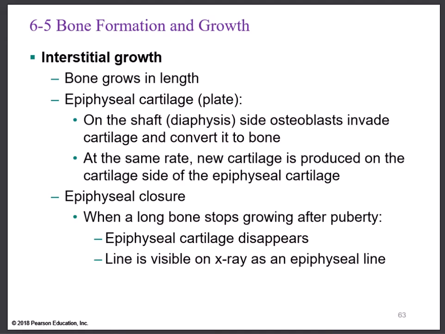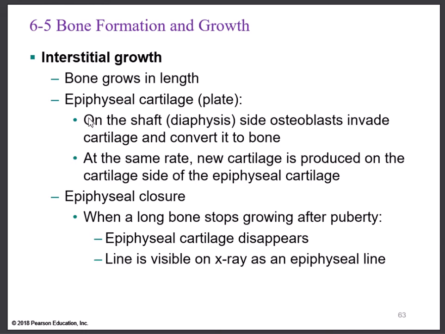So we did this already in the steps, but just to formalize it, interstitial growth. What I want you to know is this is the bone growth in length. This is what makes us get taller. This is what makes our arms grow longer. The activity, like we said before, is occurring at the epiphyseal cartilage, also called the epiphyseal plate.